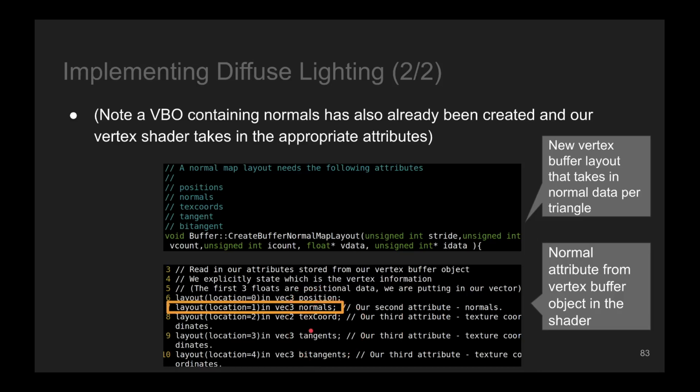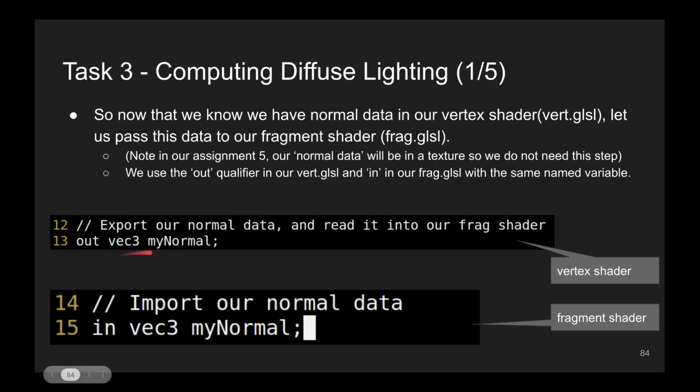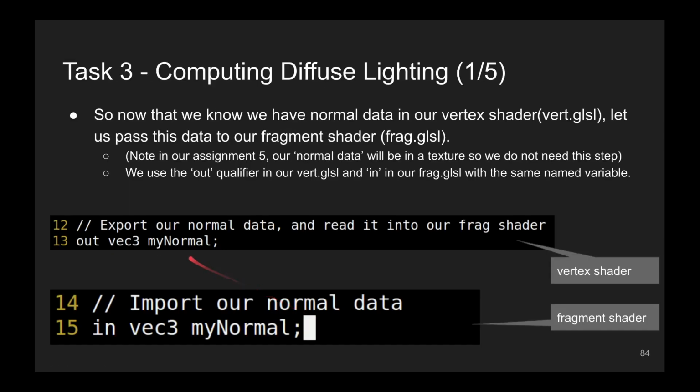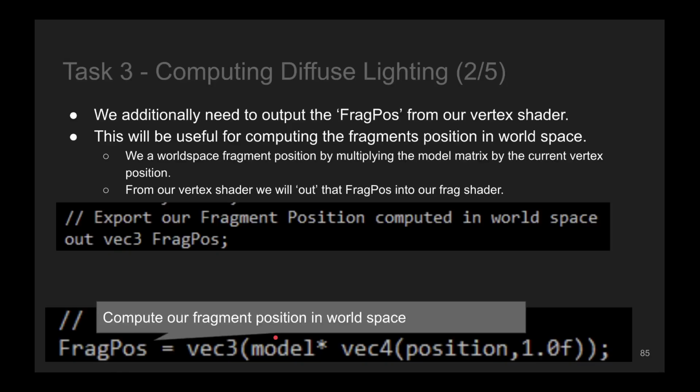That's where those operations are being done. So we need to pass out from our vertex shader each time something called my normal, which was basically just saying, again, I'm passing in the normals, and then I'm going to pass into the next stage my normal. That's how I get information from the vertex shader to the fragment shader here. And so in my fragment shader, I'm taking in my pipeline, my normal here. Okay, so that's the idea.